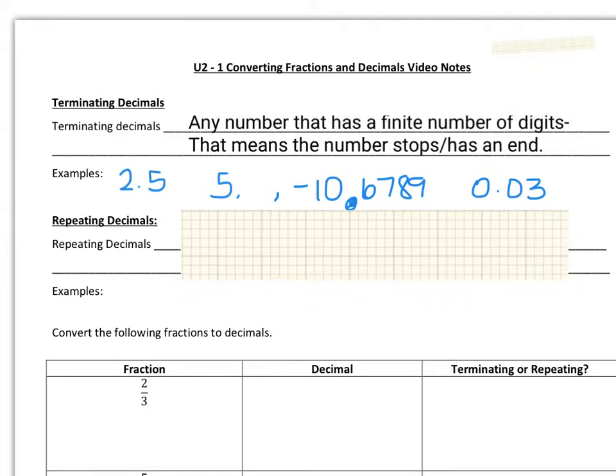So a repeating decimal is a decimal like 1.333... And these 3 dots at the end mean that that pattern goes on forever and ever. Another repeating decimal might be 2.676767... So that means that this pattern of 676767, these 3 dots mean that the pattern is continuing, and the numbers that are repeating are 6 and 7.